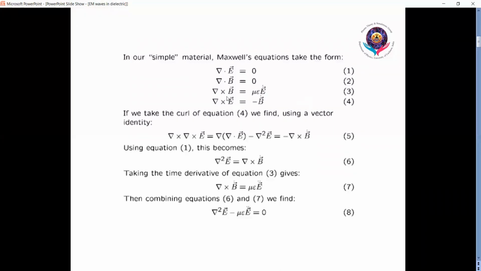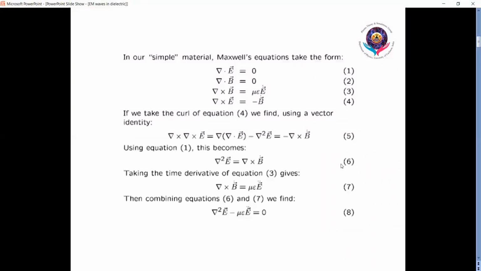Now from equation 3, we differentiate with respect to time. The curl of B becomes the curl of B dot, del B by del t, and on the right hand side, E dot becomes E double dot, the double differentiation. The left hand side of equation 6 and the right hand side of equation 7 are the same.